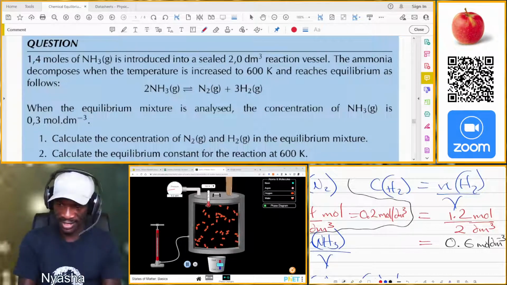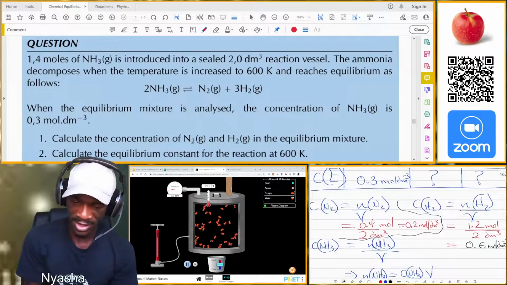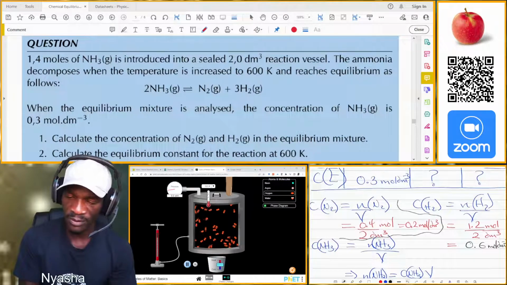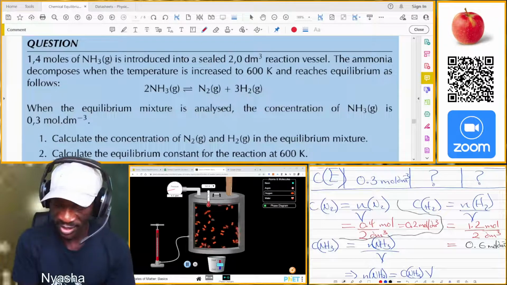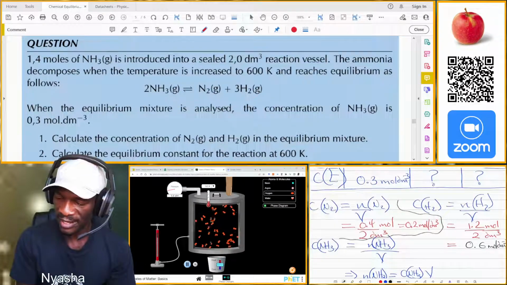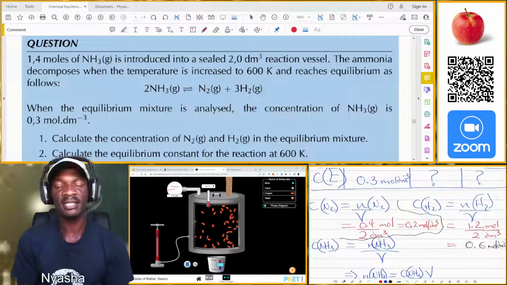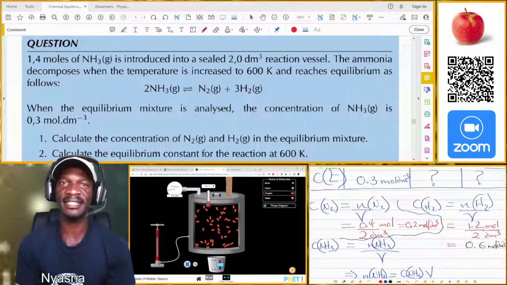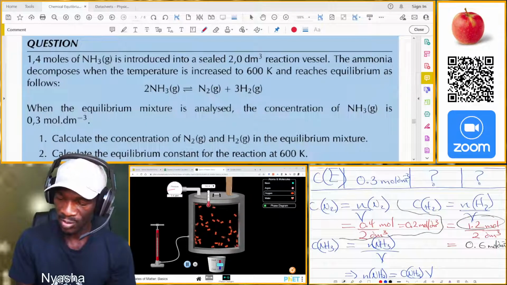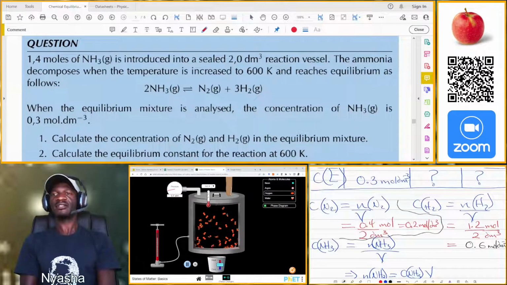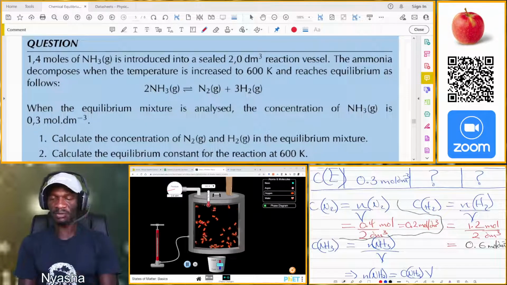You have used the basic equation that says concentration is equal to the number of moles over the volume. The volume of the container did not change. So you have 2 dm cubed there, you have 2 dm cubed there. The number of moles, you use the RICE diagram to come up with the 0.4 moles and the 1.2 moles for the hydrogen.